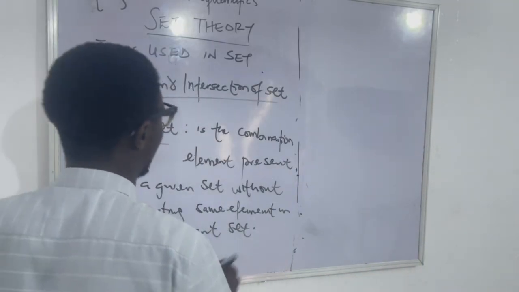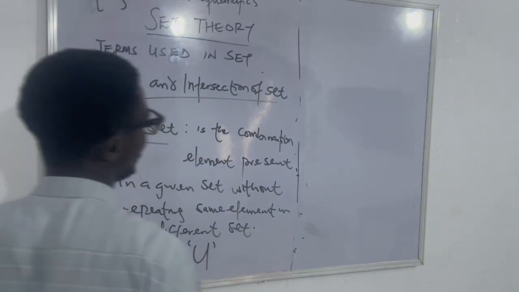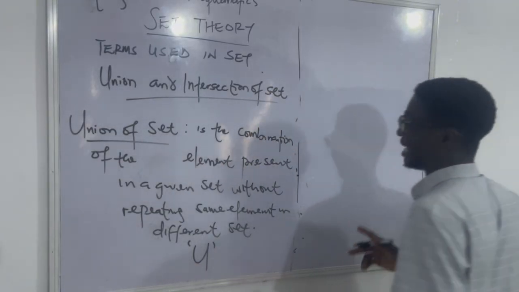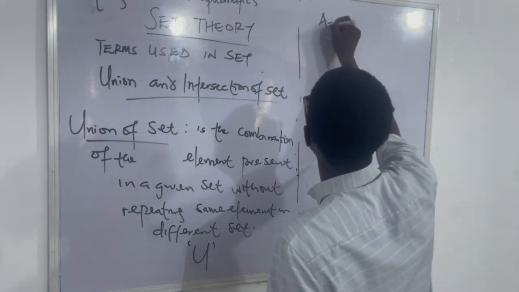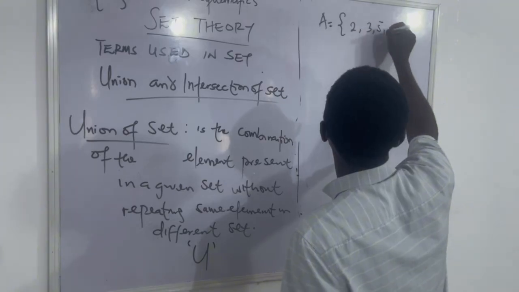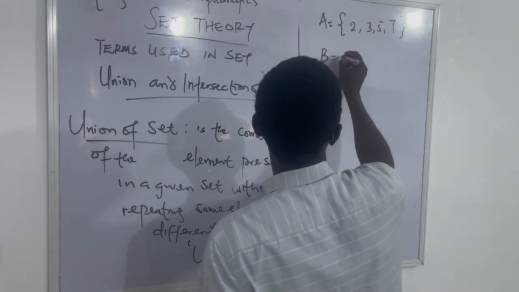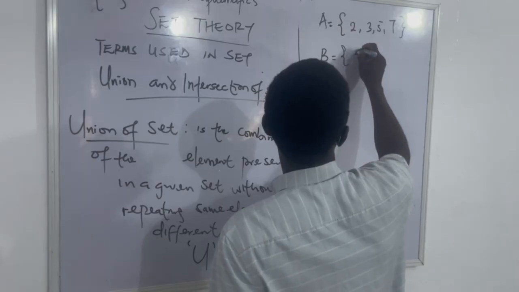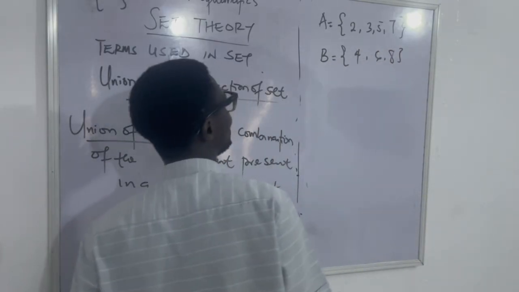Now, let's say that we have union is denoted with what? Union is denoted with a symbol like a U. So now, let's say we have set A to be what? 2, 3, 5, 7. Then we have set B to be 4, 6, 8. Are we together?